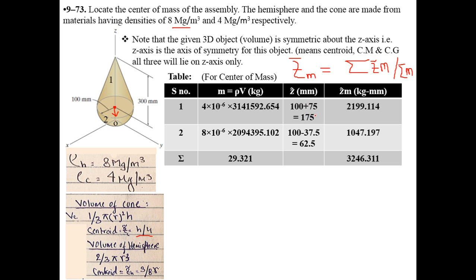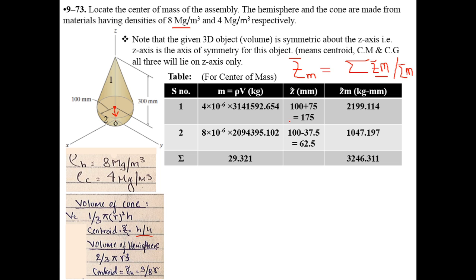So you have the centroid of each volume, and you have the mass of each volume. Now you need to calculate the product Z tilde into M. So you just multiply the value of this column with this column and write it down here.